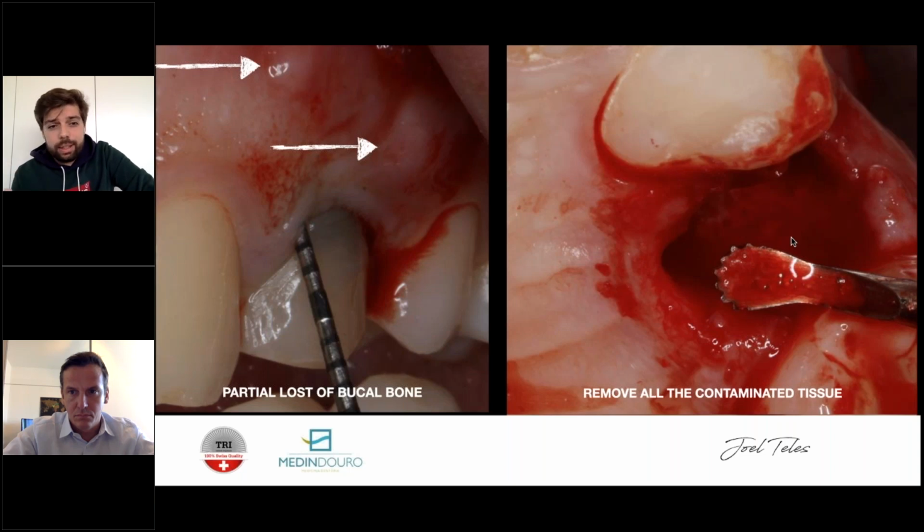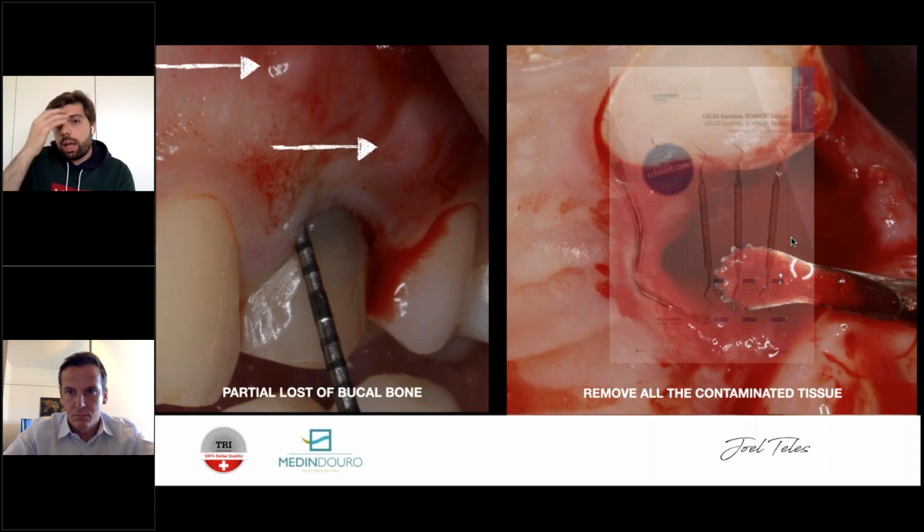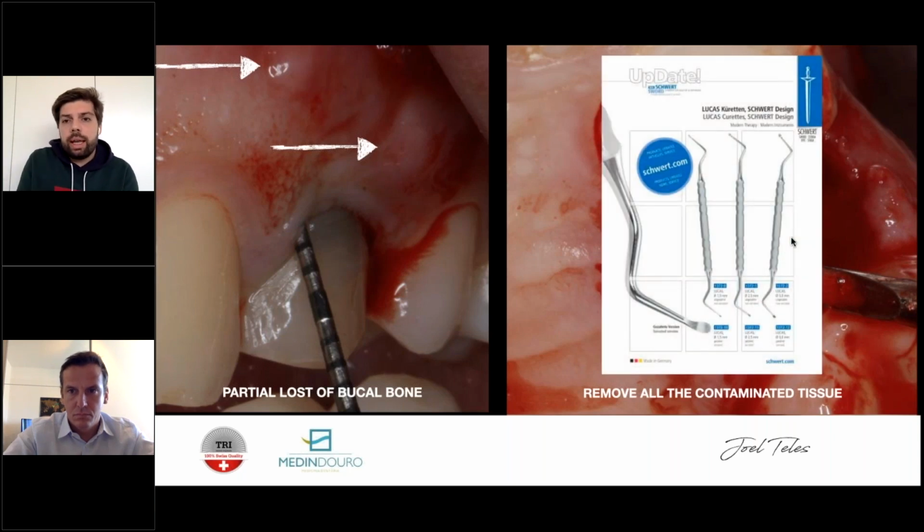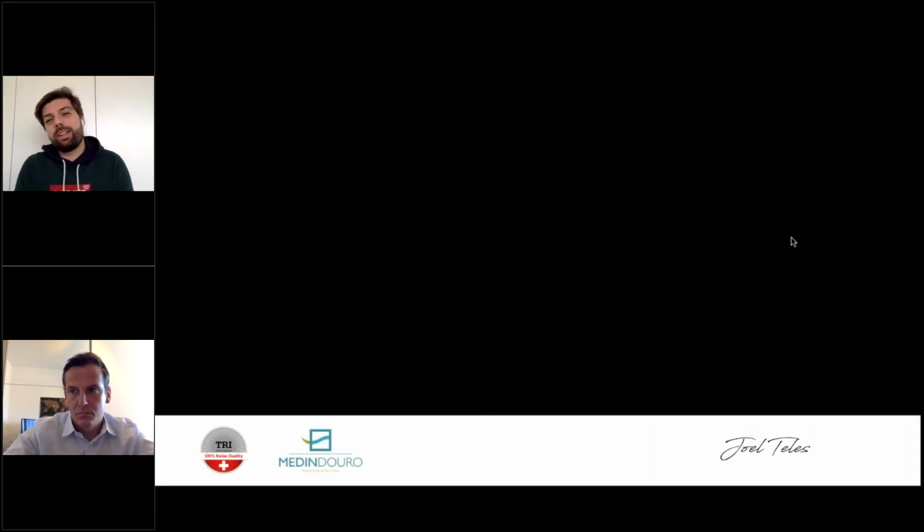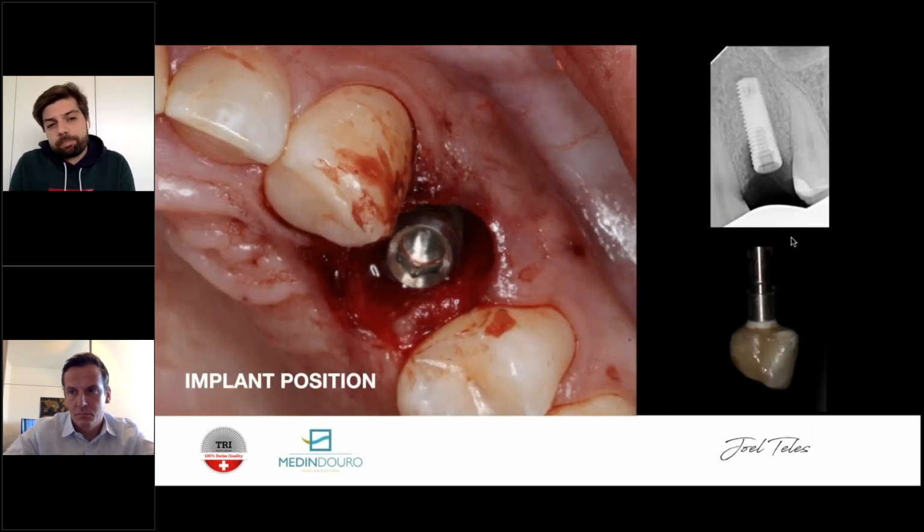And I clean, and if I think I clean enough, I clean a little bit more. And for this, I really like these curettes. They are sold by a company named Schwert, and the sense of grip that they give you is really nice. So this is something that I always use, and once we tried it, we can never go back to using the old curettes. I cannot live without these anymore, so that's why they're here.